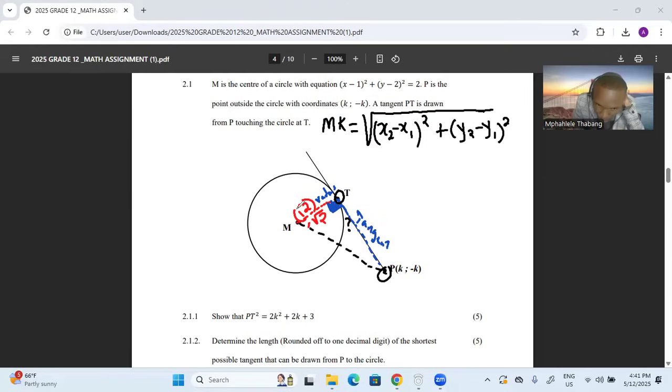So this is going to be my x1, my y1. This is going to be my x2, my y2.